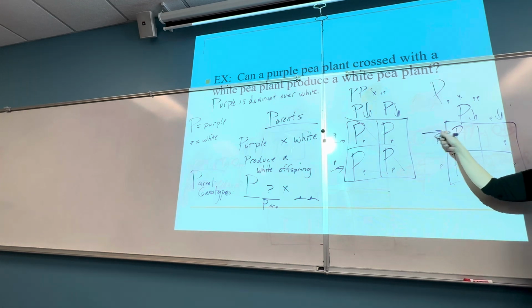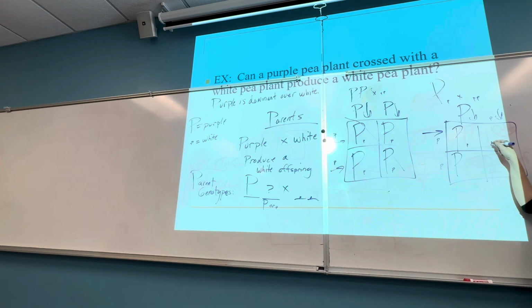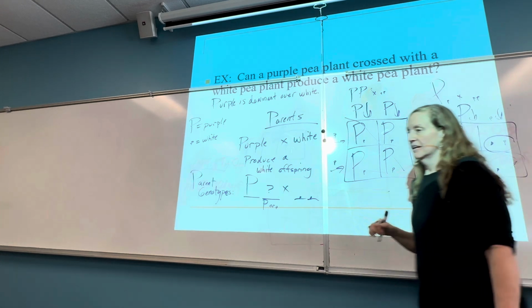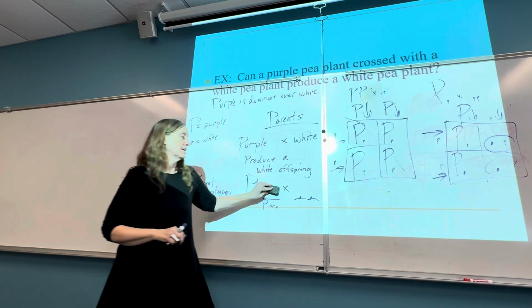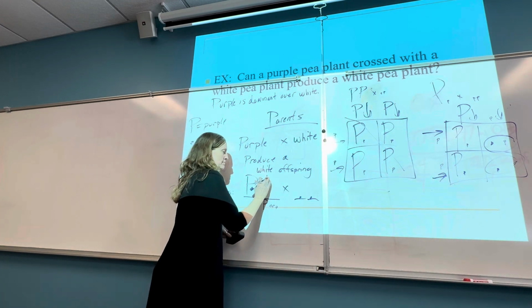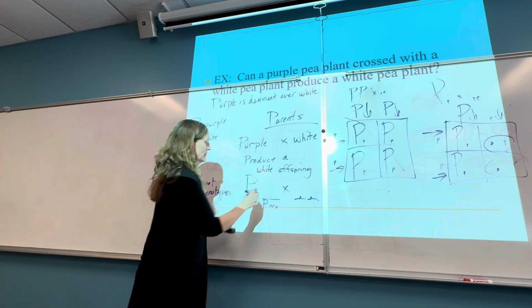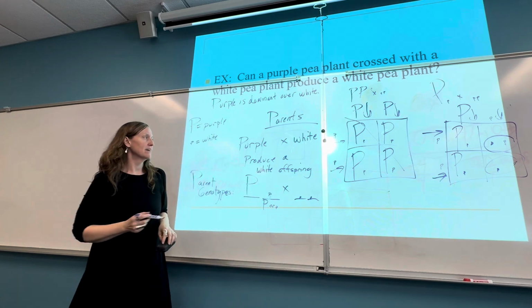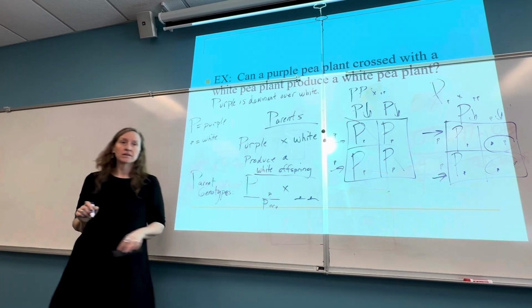Put this little p across. And this little p across. Aha. When the parent is heterozygous, I know that we can get white offspring.